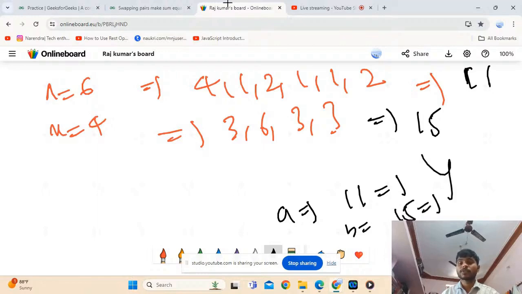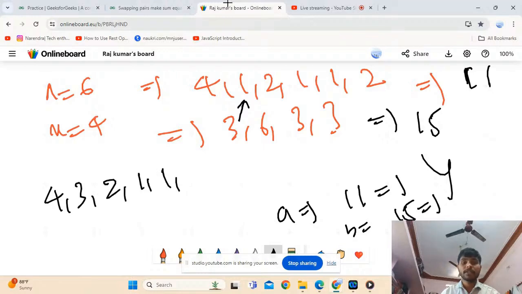So we have to make the two arrays equal by swapping elements. If you take one element from this array and swap it: if we move 1 to b and 3 to a, the new array becomes 4 3 2 1 1 2.